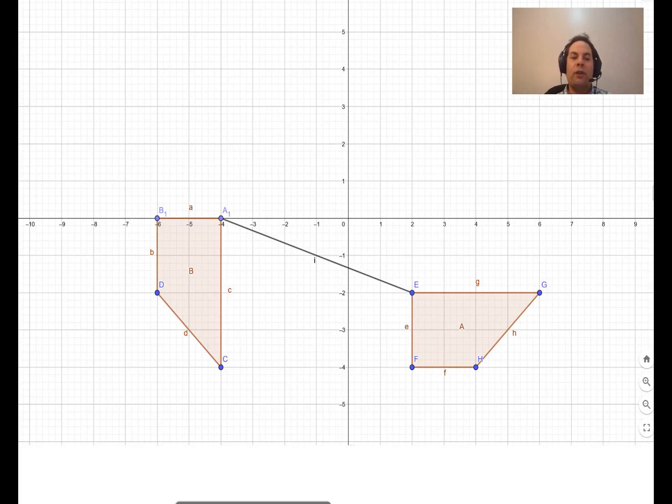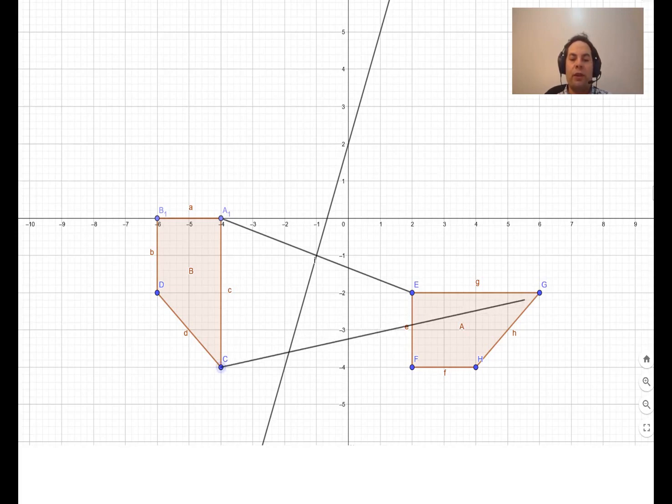If we try to draw the mirror or the line of reflection, which will be the perpendicular bisector between these 2 points, is it a mirror for all the points? It's not. If you try to join this point C and its corresponding point G, this is the line of symmetry. It is the perpendicular bisector. No. So this is not a reflection.